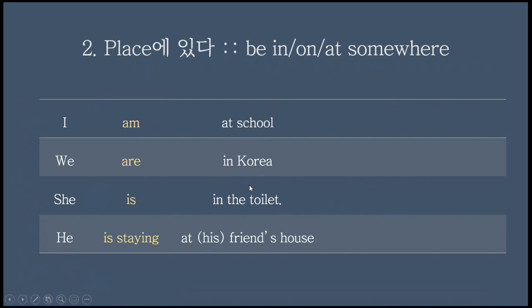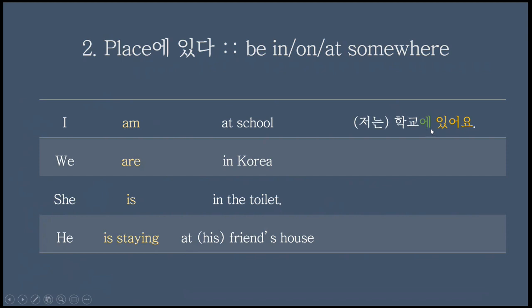In English, you need be verbs or something equivalent to be verbs, and the prepositional phrase, because this phrase starts with the preposition like at, in, at. 자, in Korean, you don't have to be worried about preposition. 자, I'm at school. 어떻게 말해요? 학교에 있어요.